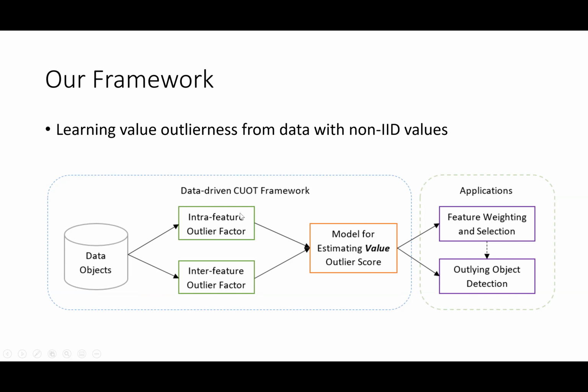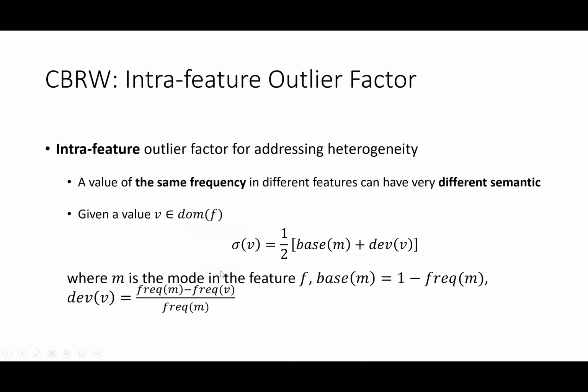The difference from the traditional approach is that we focus on the intra- and inter-feature interactions, how to model that from the outlying perspective, and then combine them to do the feature selection or the outlier detection.